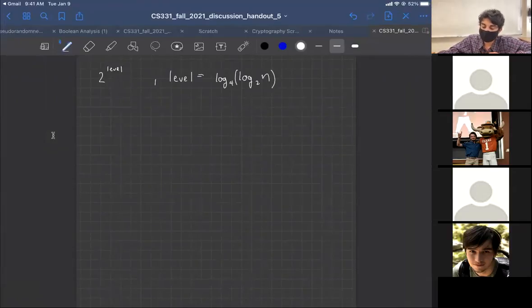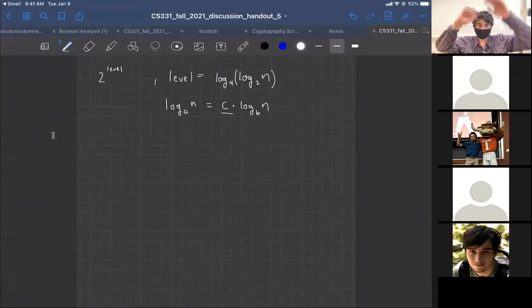Now, I said previously that it doesn't matter what log you take in general, because log base a of n is some constant times the log base b of n. But this constant factor doesn't matter when it's not in an exponent.